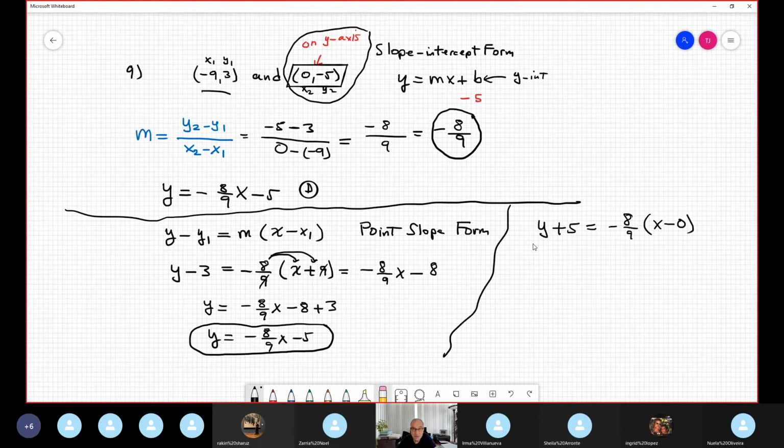Look, again, the same situation. The first component is 0. This point lies on the y-axis, therefore the 0. Now 0 is nothing, so y plus 5 is equal to minus 8/9x alone, because x minus 0 is x. When you isolate the y, we get the same result.